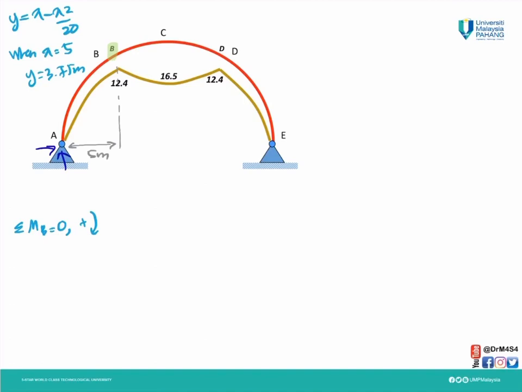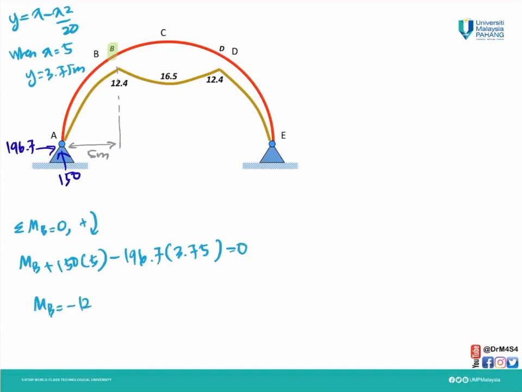Then we know our horizontal and vertical. Then we calculate the moment at B. MB plus 150 times 5 minus 196.7 times 3.75 equal to 0, negative 12.4 kilonewton meter.